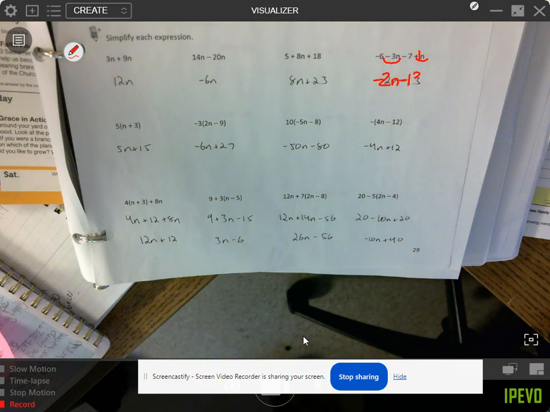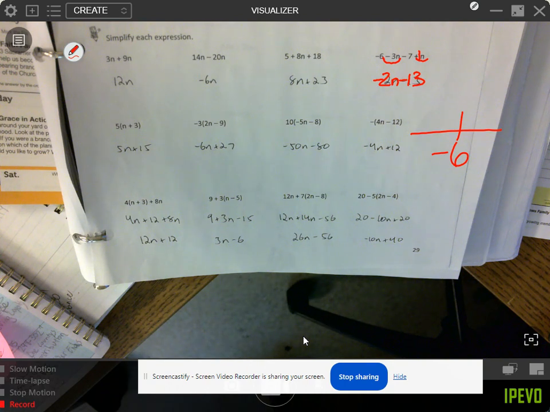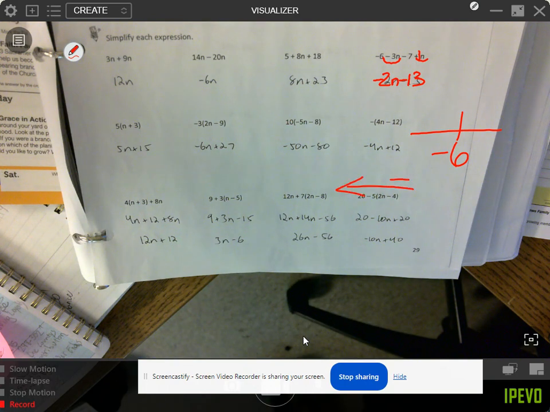Hold on, friends. Negative 6 on the number line. Working with negative numbers, which way do we go when we subtract? Left. Subtraction goes to the left. Adding goes to the right. So we are subtracting 7. So we are going to the left on that number line 7 times.